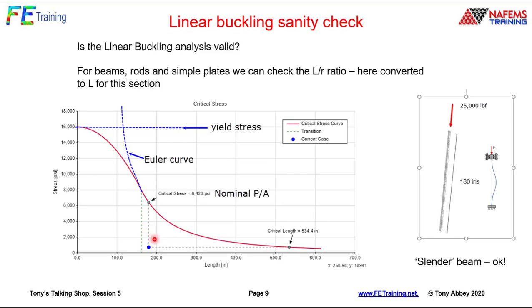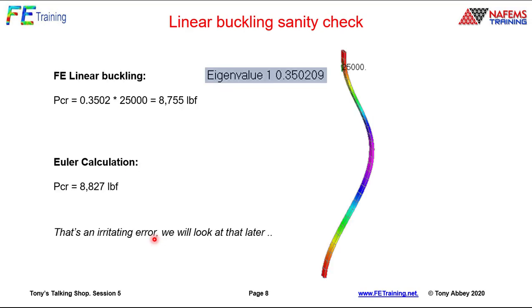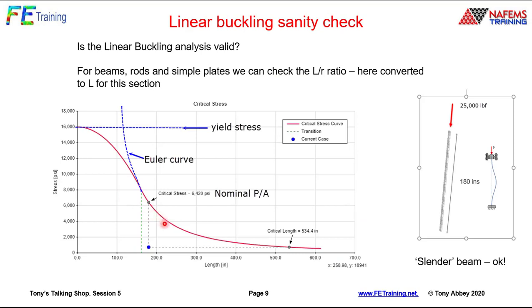So I'm okay at the moment. My Euler analysis and FEA were giving about the same level, so everything looks okay because we've checked it against this idea of a slender beam. In real life it's a bit more difficult to check that, but this is a useful way of doing it.